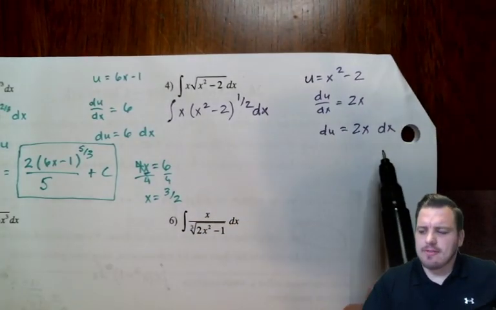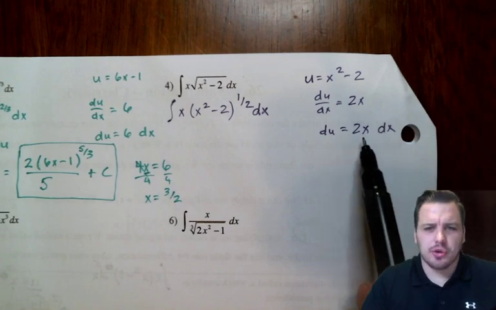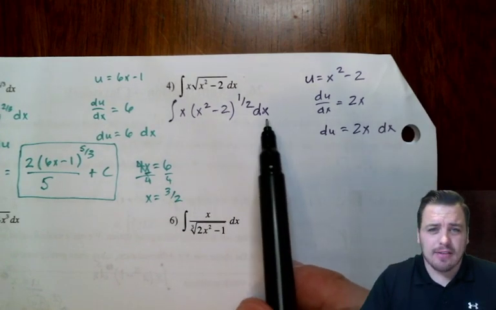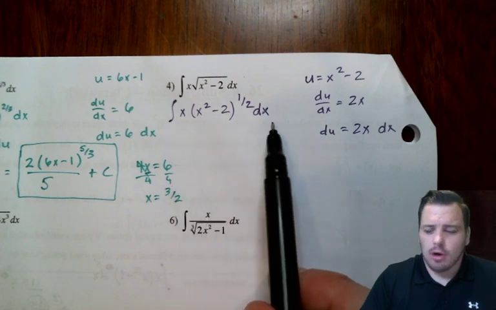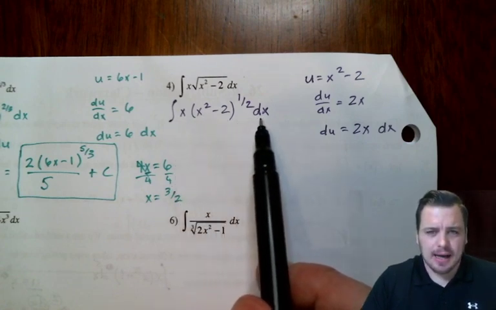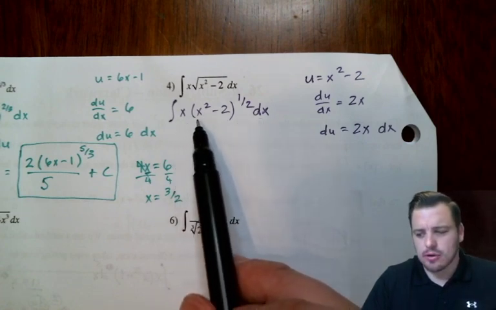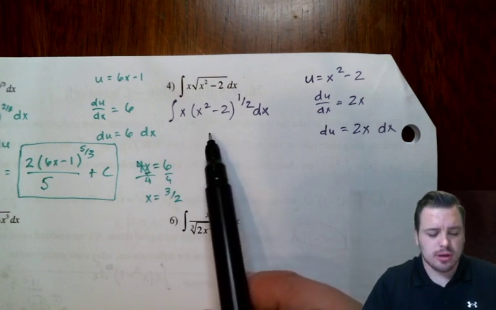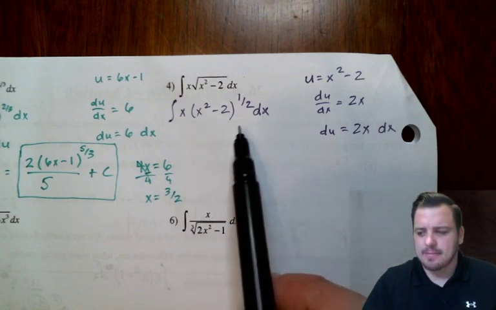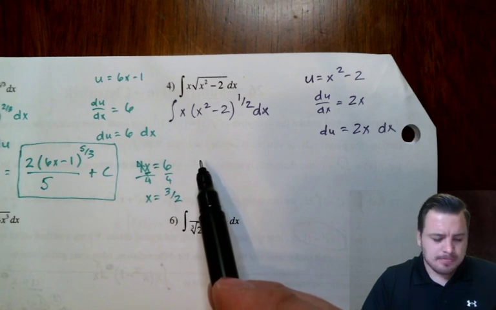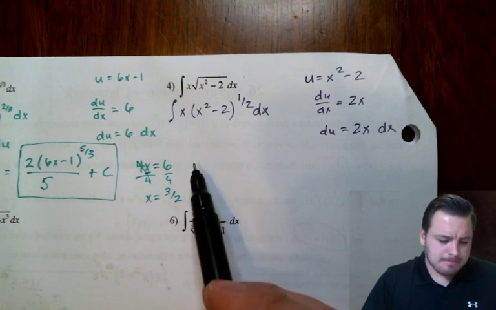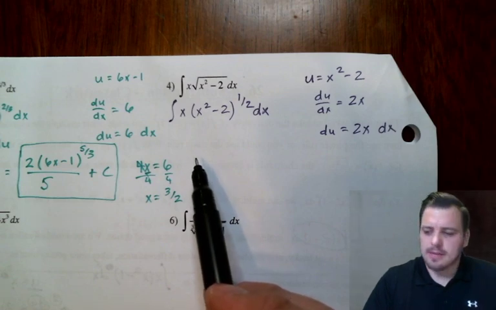All right, if my du is 2x dx, and this is what I have right here, what do I need to multiply the inside by in order to use the U-substitution? What should I multiply the inside by? Good, Timmy, a 2.